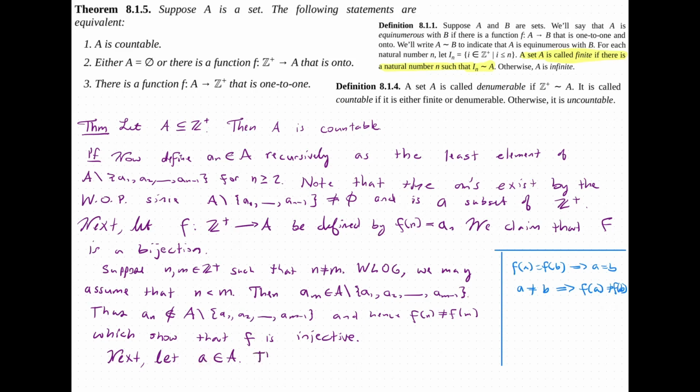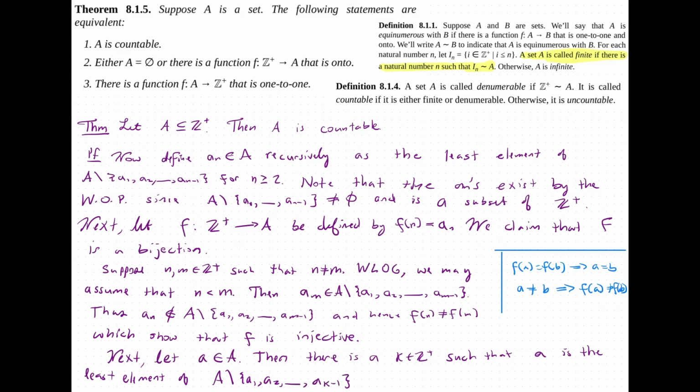So then there exists a k in the positive integers such that a is the least element of A minus A1, A2, all the way through A sub k minus 1.